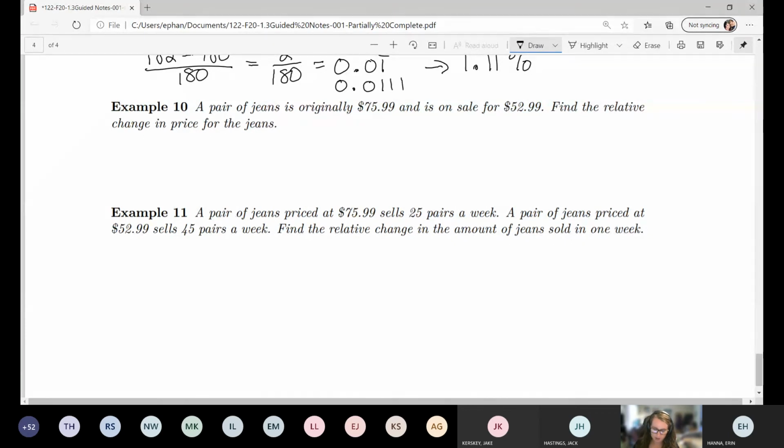All right. So let's go over these really quick. A pair of jeans is originally, so that's telling us that's our original value, $75.99. It's on sale, so our ending value here is going to be $52.99.